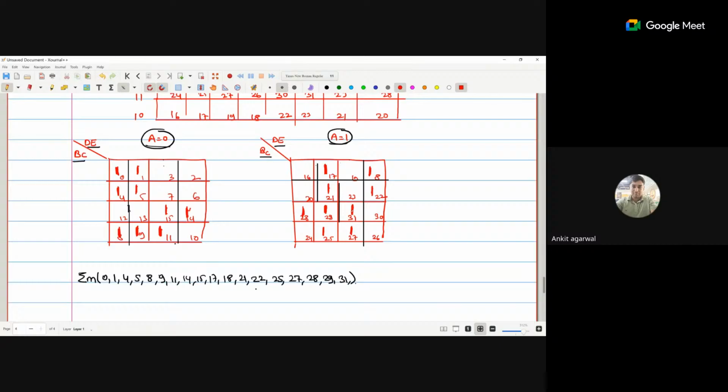Okay, so we are now creating the groups. Can you check if this group will overlap with this group? No. Then we created this group. Does this group overlap with this group?